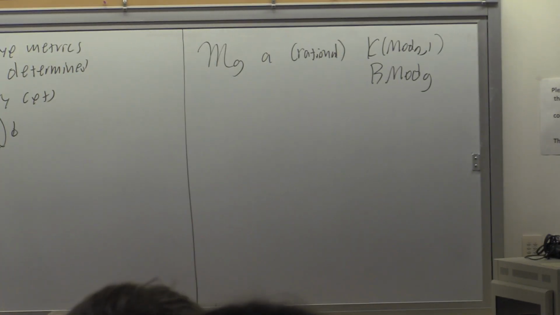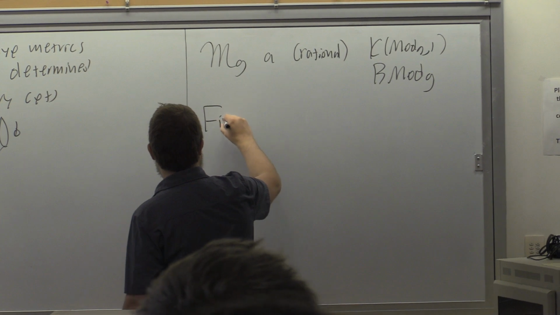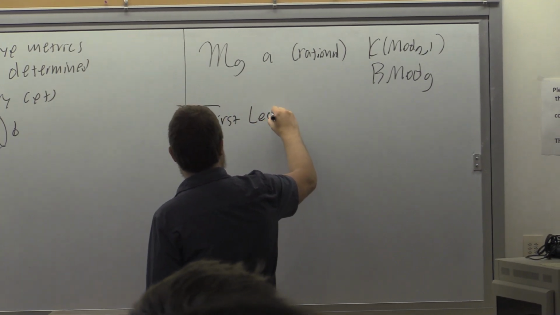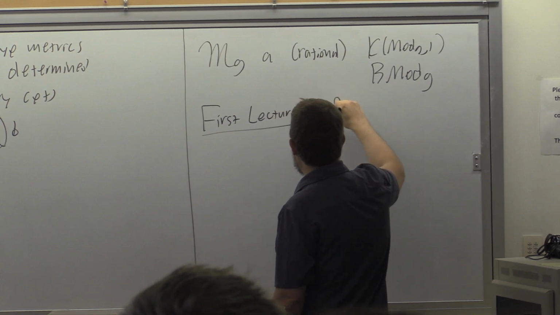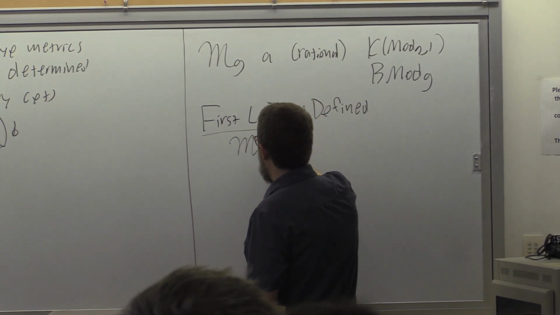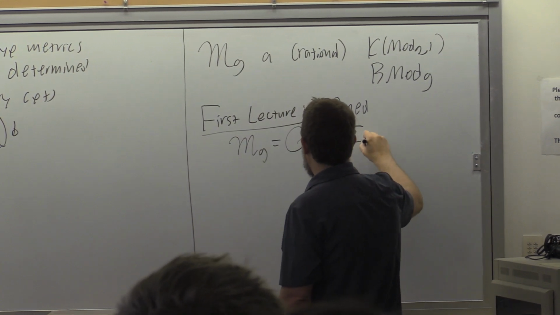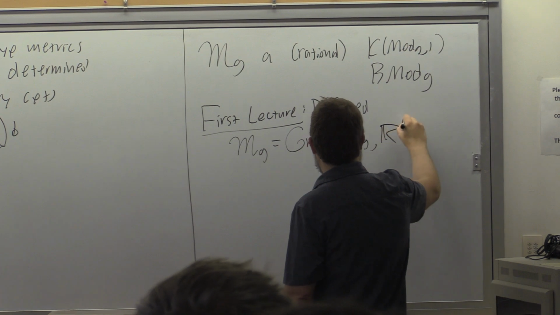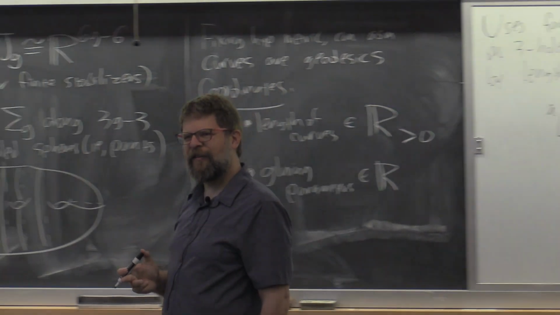And now I owe you a piece of math. Here's a fact. In my first lecture, I defined G as this Grassmannian of surfaces in R^∞.